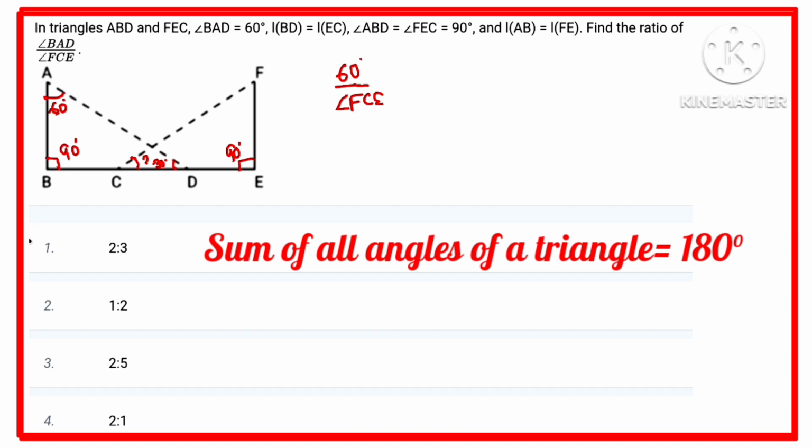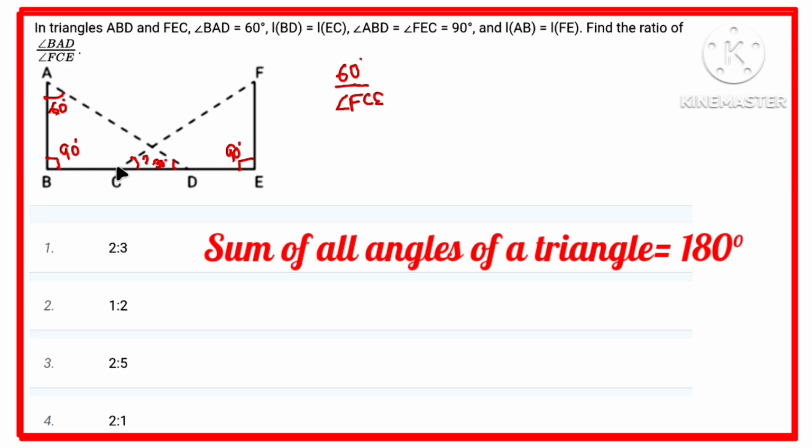Now my dear students, as you can see in this particular question, this side and this side are equal. This one and this one is also equal. So these two are equal, and the included angle is also same, that is 90 degree over here. So these two triangles are congruent.